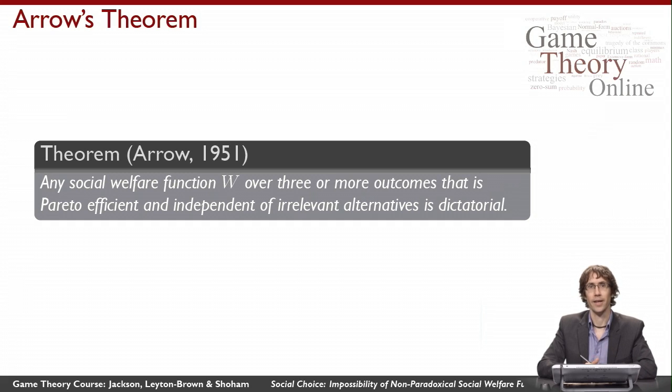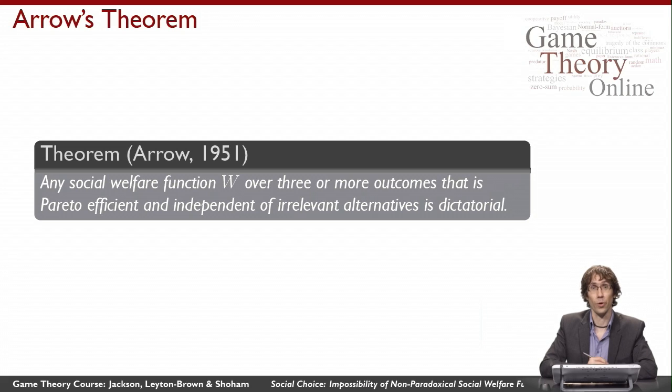Well, here's the punchline. Kenneth Arrow in 1951 famously proved the following theorem. Any social welfare function over 3 or more outcomes, so candidates in elections that have more than 2 candidates, that is Pareto efficient and independent of irrelevant alternatives must be dictatorial.